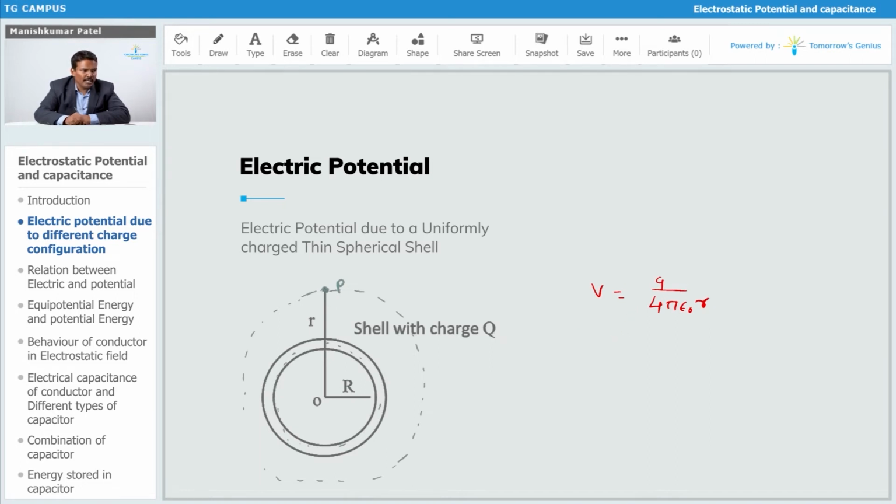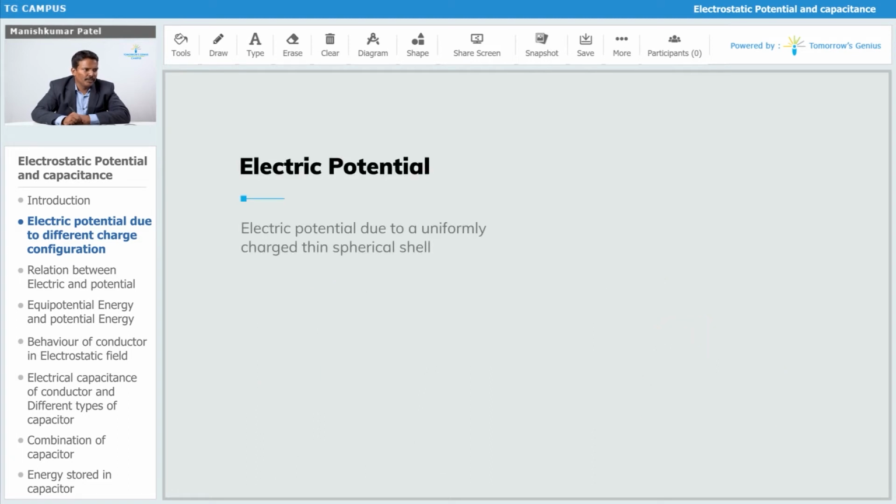The condition is that small r should be greater than capital R, because of which you get the same potential as that due to a point charge, since the charge distributed on this shell acts as a point charge.